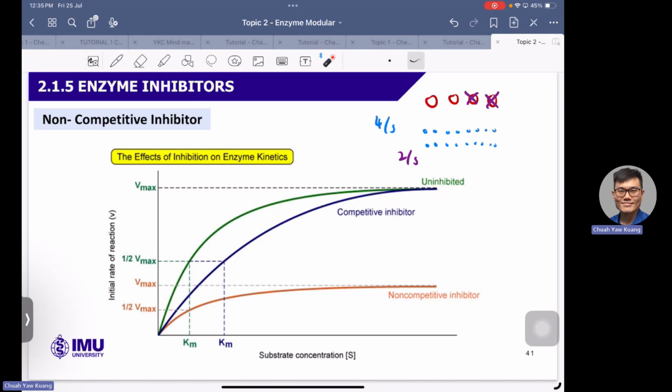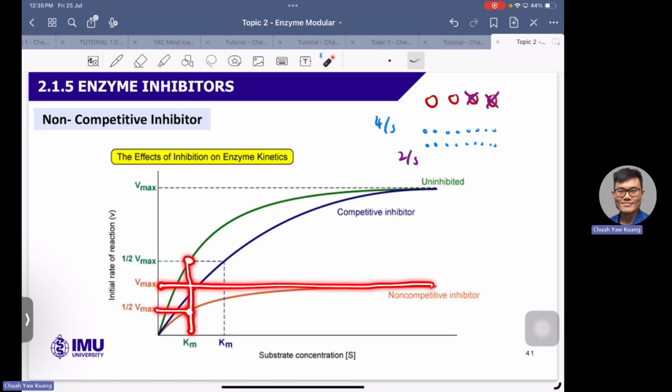So based on the graph, they will decrease the Vmax. But Km will remain the same. Where is the half Vmax for this graph? Half Vmax will be here. Is the Km for this half Vmax the same as this Km?